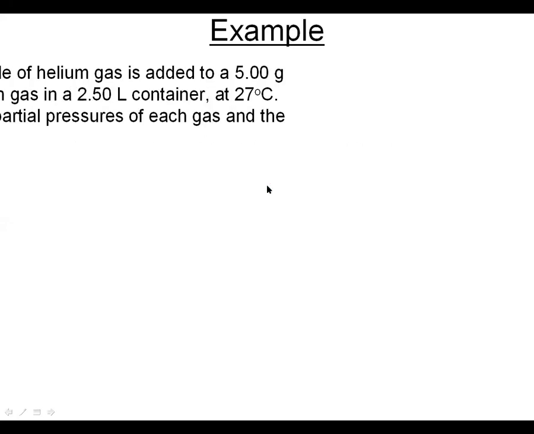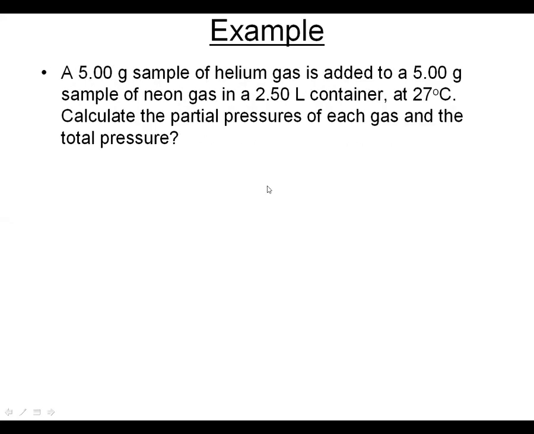All right, so you have an example. Why don't you take a couple of minutes here and give it a go. We're looking for the partial pressures of each of these gases, and we're also looking for the total pressure when it's all said and done. Let me give you some information that you might need. Helium from the periodic table, 4.003 grams per mole.